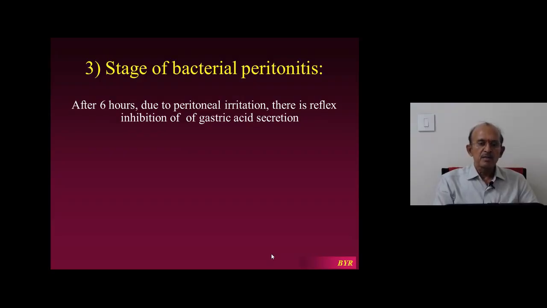That is why sterile hydrochloric acid is gushed into the peritoneal cavity through the perforation. So it is a chemical reaction. After a few hours, what will happen? Because there is peritoneal irritation, the underlying viscera undergo physiological paralysis. They don't do their functions.